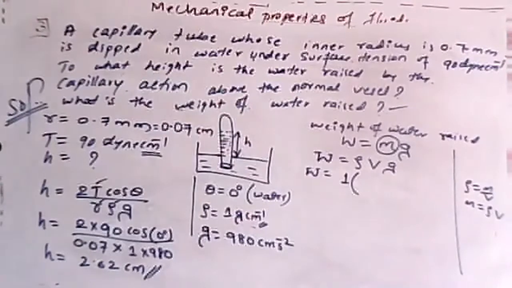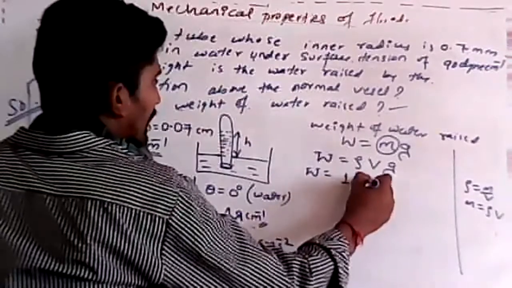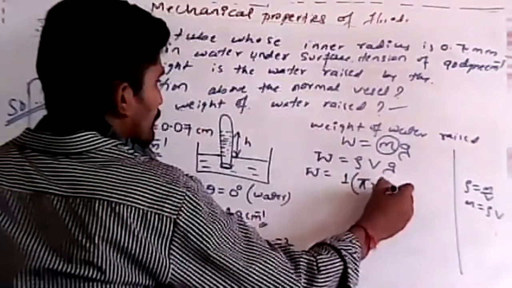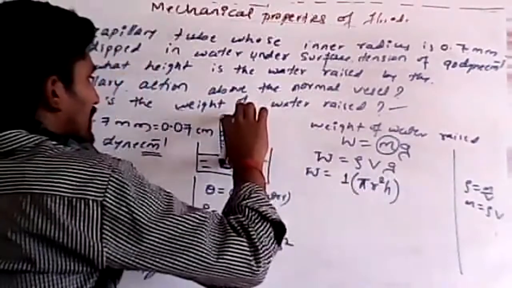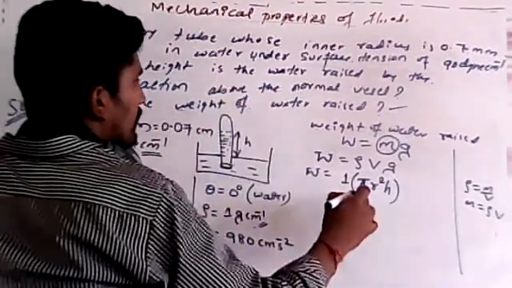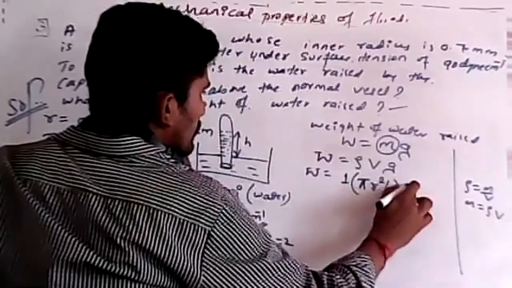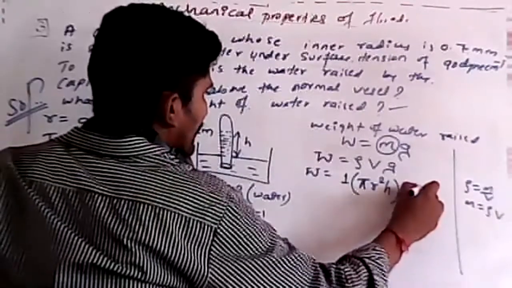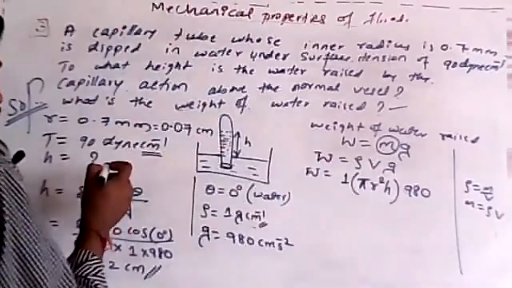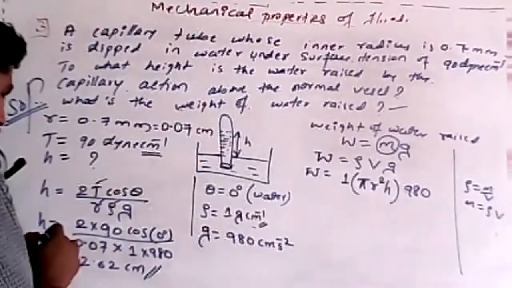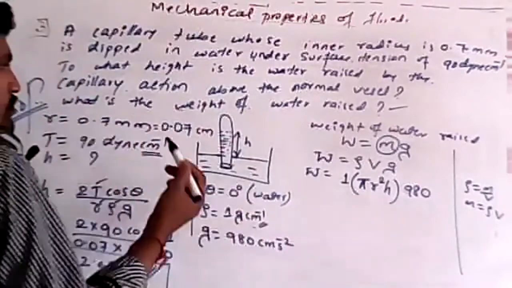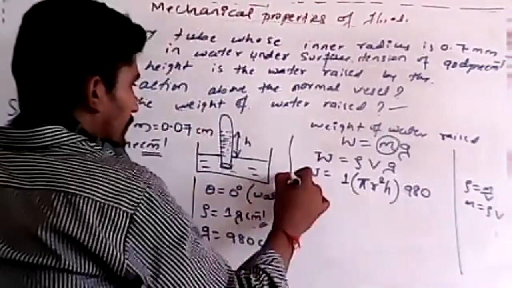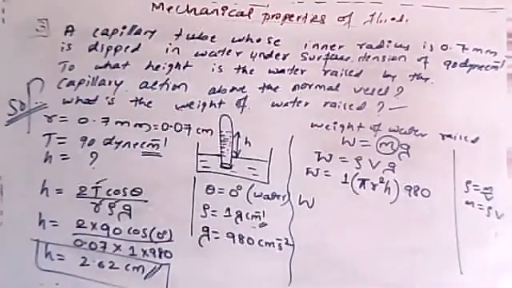Always remember, the volume is pi r square H, or pi r square L, where length here means H only, into G. G is 980. H value you already know from this, and we know R value. Just put the values and tell me your answer.